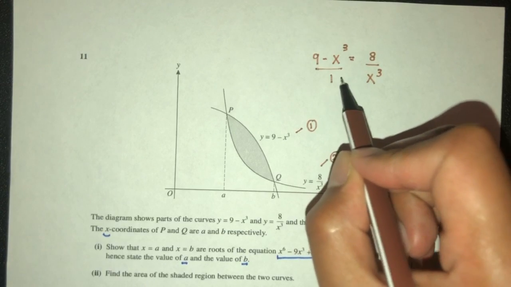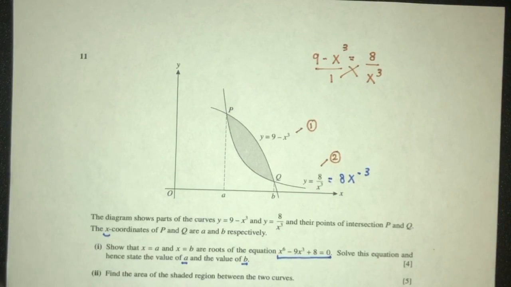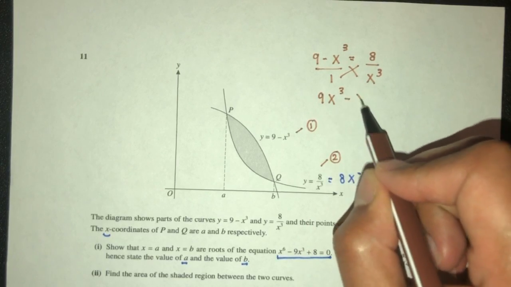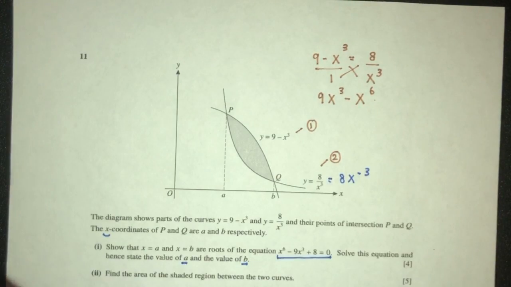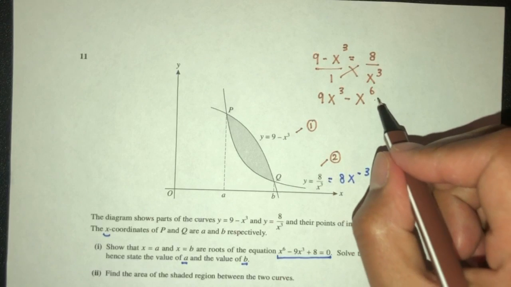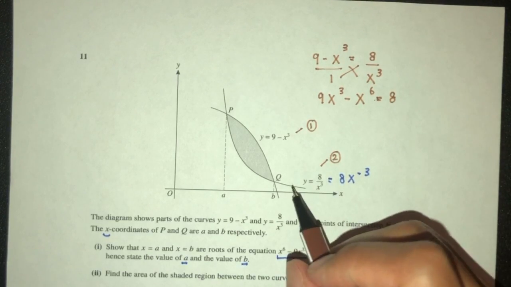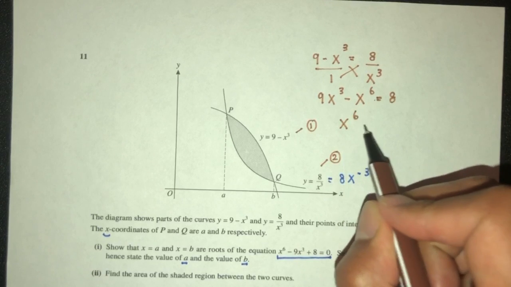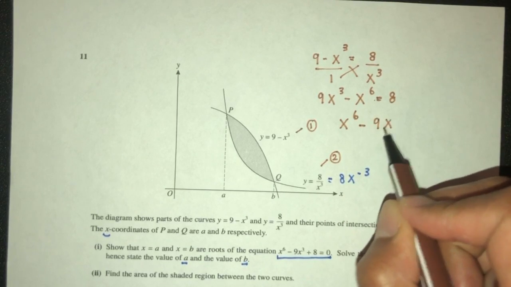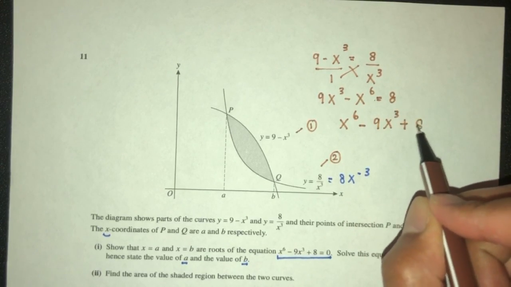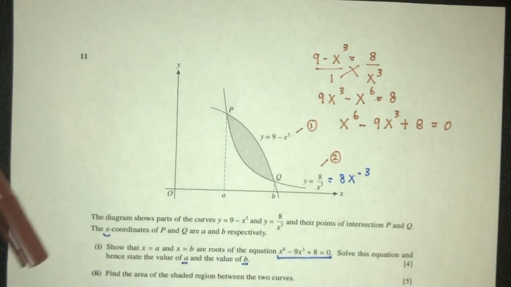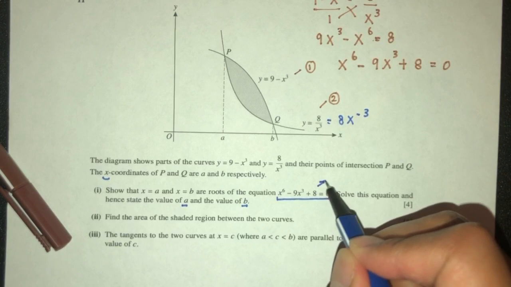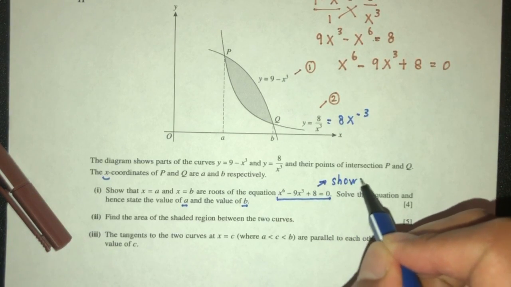I can just cross multiply to see what happens, right? That will be 9x power 3 minus x power 6, and that should be the value of 8. Let me send everything to one side. You will have x power 6 minus 9x power 3 plus 8 equal to 0. So as you can see, this is shown as required.